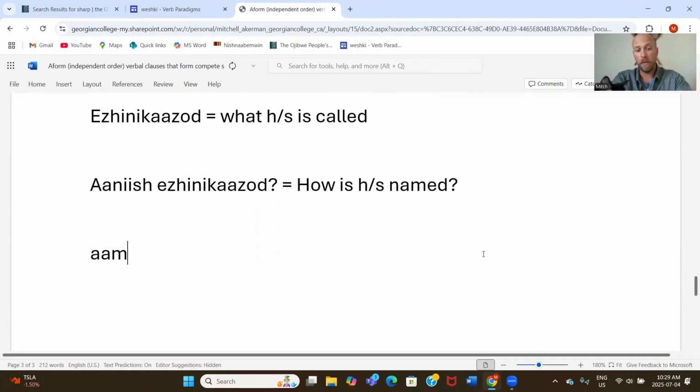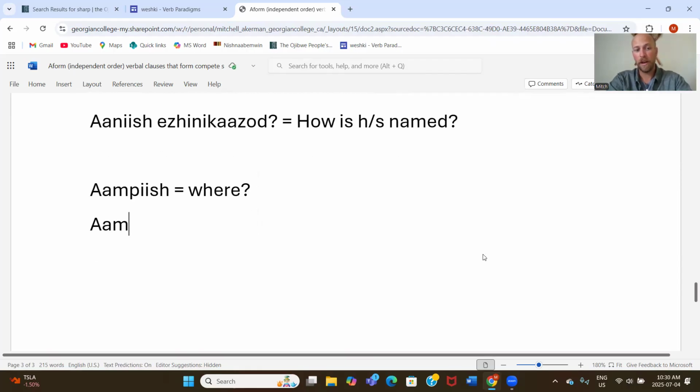Okay. Pish is where. We looked at this in class. It's kind of like the where question. So I can take unjiba, which is to be from somewhere. O becomes WE. We put yin at the end for you. Bing boom. We've just made ourselves a question.